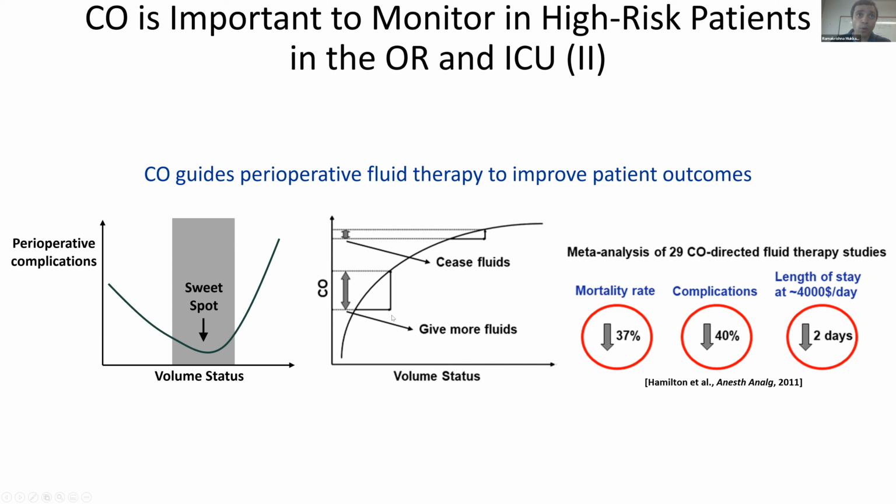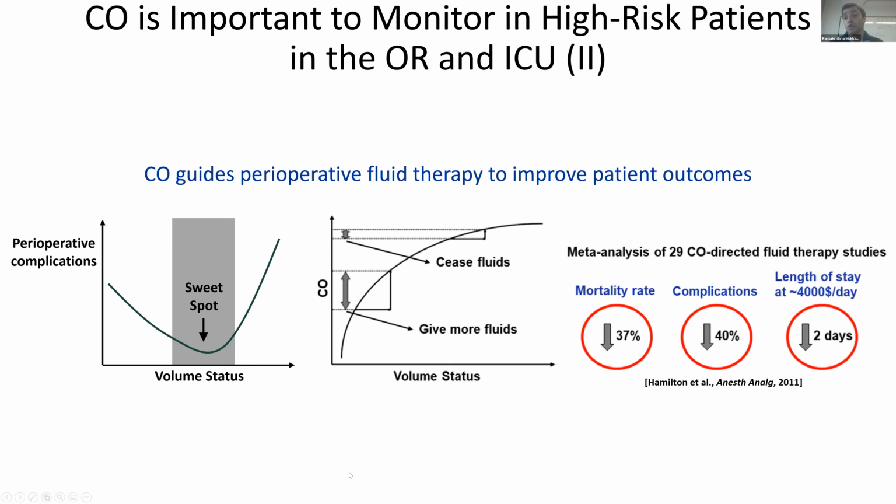If a fluid bolus causes cardiac output to increase, then the patient is on the steep part of the Starling curve and could benefit from more fluid. But if the fluid bolus causes no change in cardiac output, then the patient is on the flat part of the Starling curve and could be harmed by more fluid.